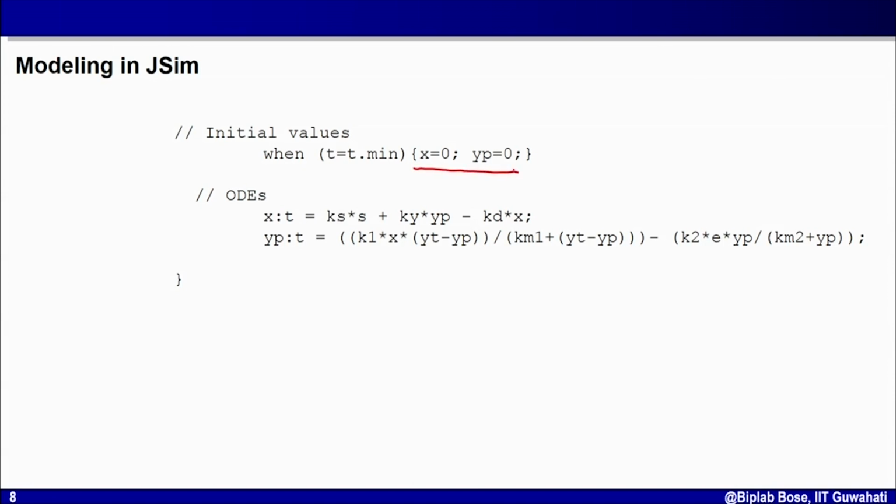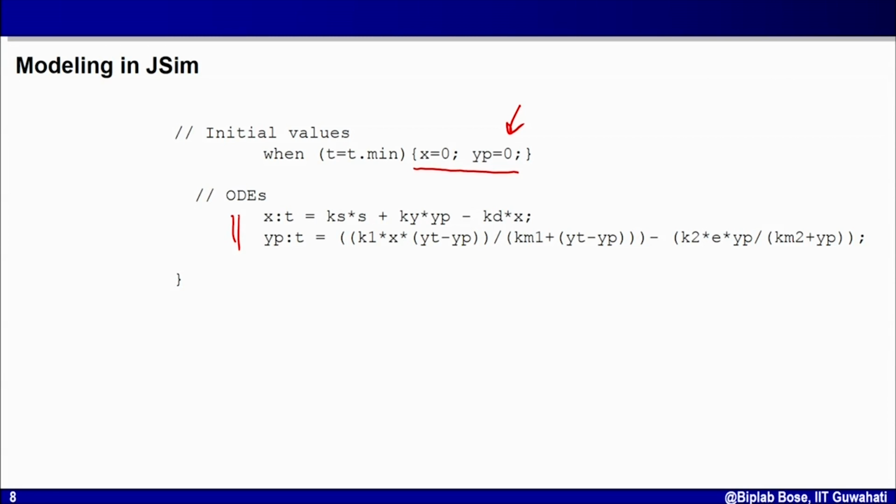Here I have shown x equal to 0, yp equal to 0. This part we will keep on changing during our simulation to see the change in behavior. And the rest of the things are simply the ODEs.